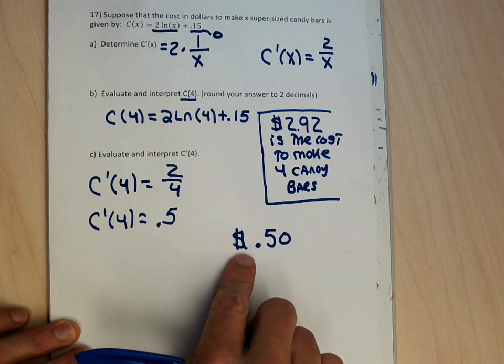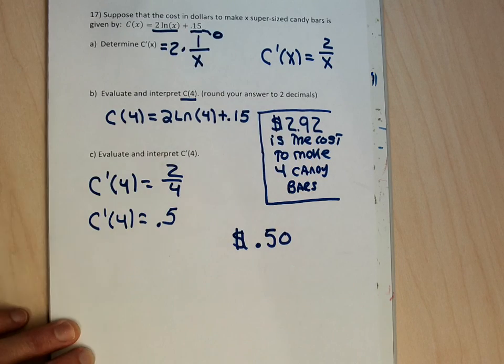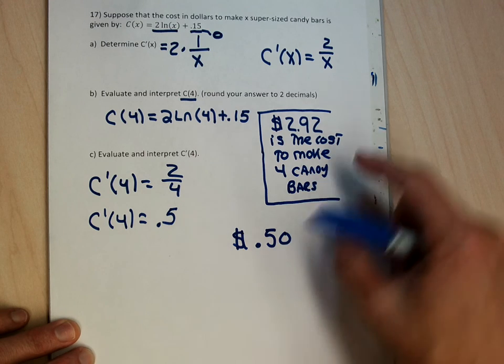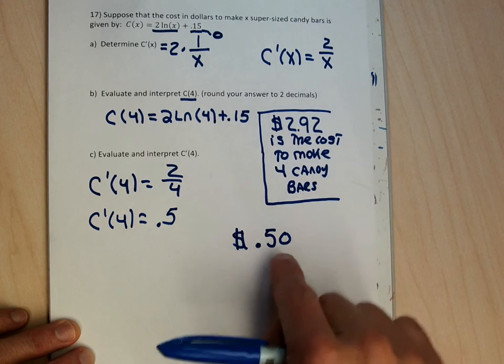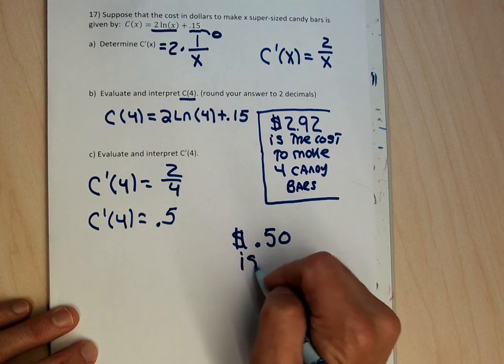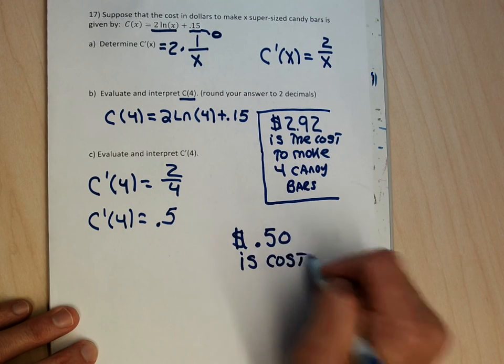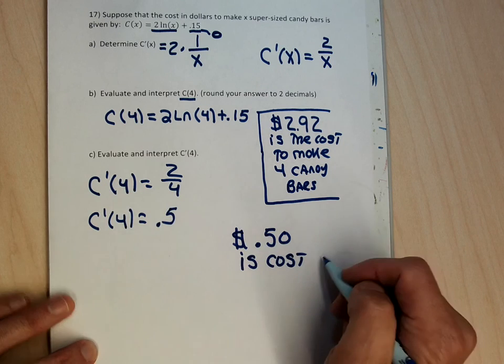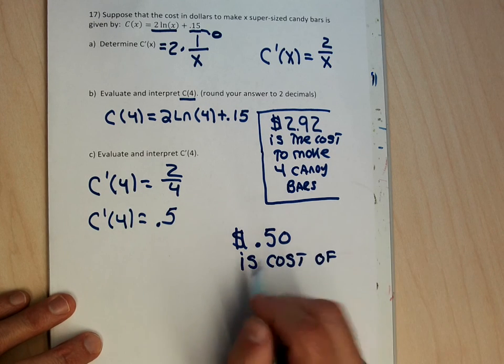I'm putting a dollar sign because these functions are giving me dollar amounts. And the dollar amount that this tells me doesn't tell me the total cost of making 4 candy bars. It tells me the cost of making the next candy bar, which is the 5th candy bar.